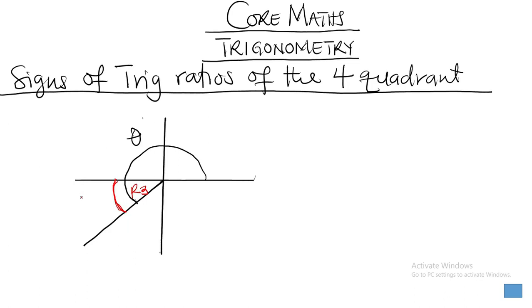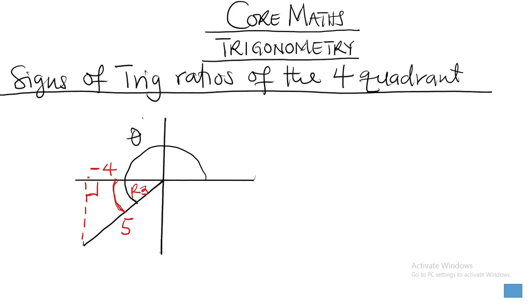And we'll need a right angle triangle, so we have to get a perpendicular line from the terminal side to the x-axis. Good, so this is our perpendicular line. Now using the same dimension, this place will be 5, this place will be 4, but it is in the negative x-axis, so we'll put negative 4 there.